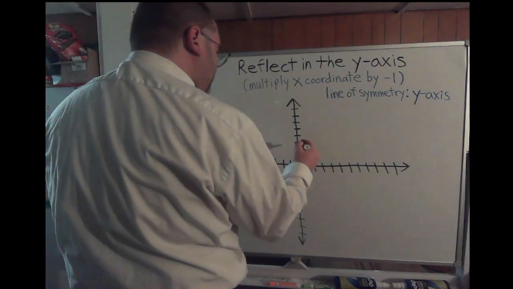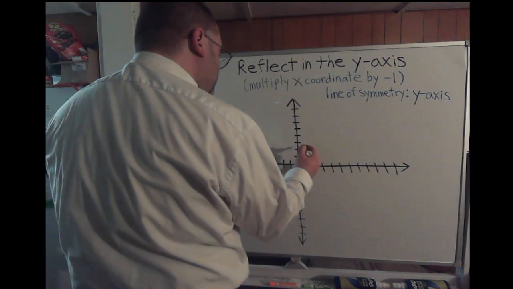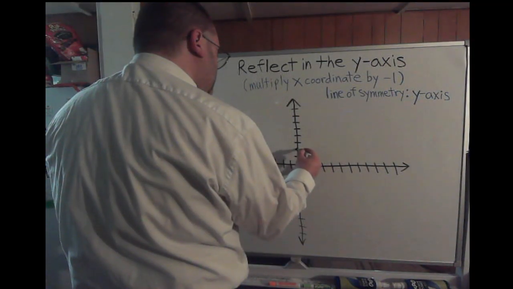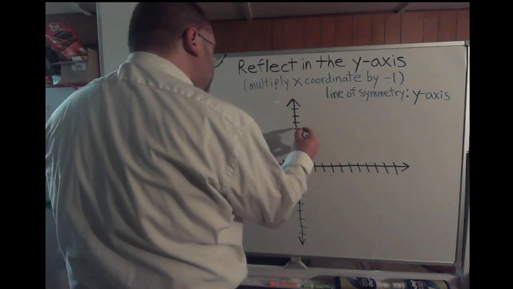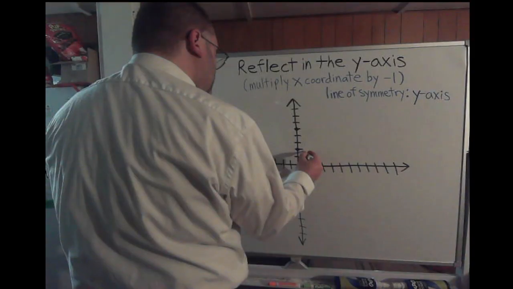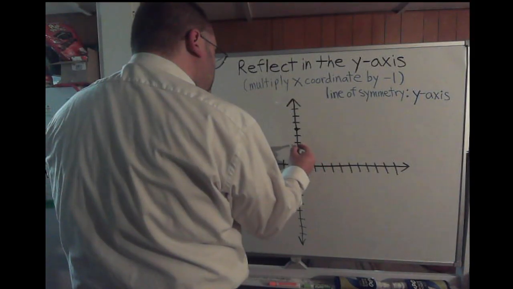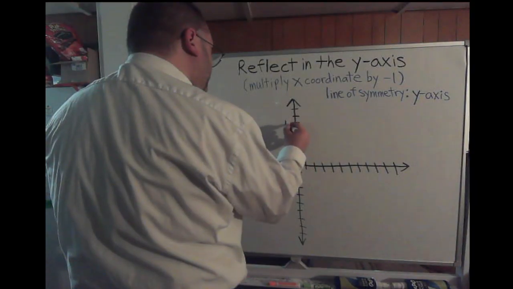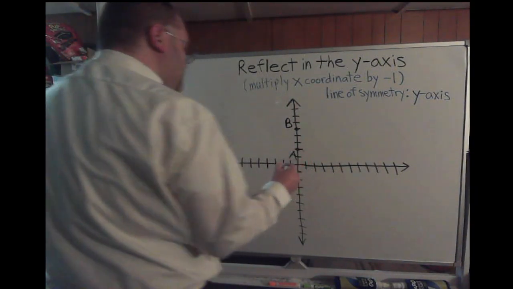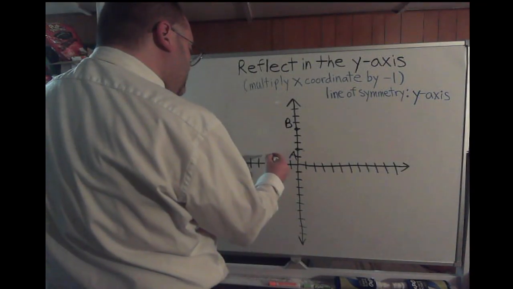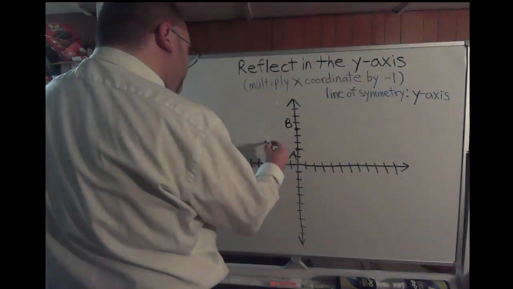We'll have the points 0, 2, 0, 5, that'll be point A, this will be point B, and then we'll do 4, 3.